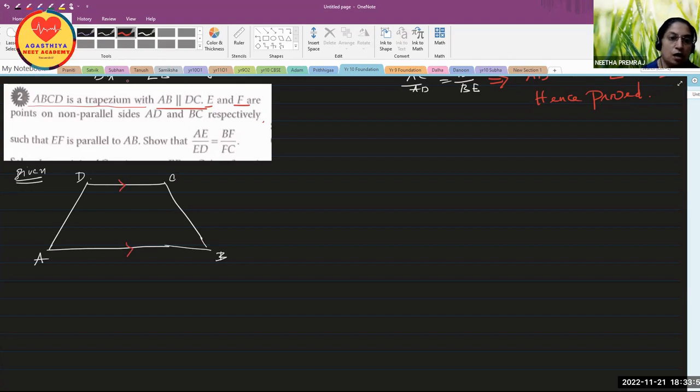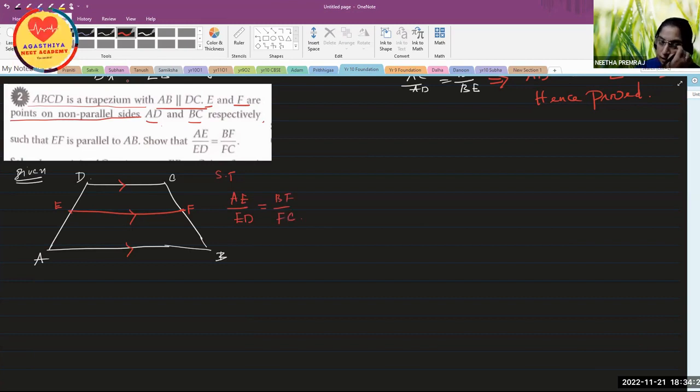E and F are points on non-parallel sides, so E is the point on AD and F is the point on BC respectively, such that EF is parallel to AB. So EF is also parallel to AB. Show that AE by ED is equal to BF by FC.